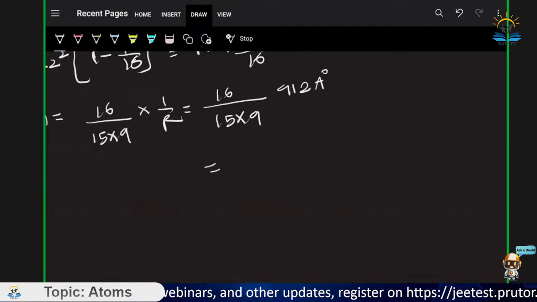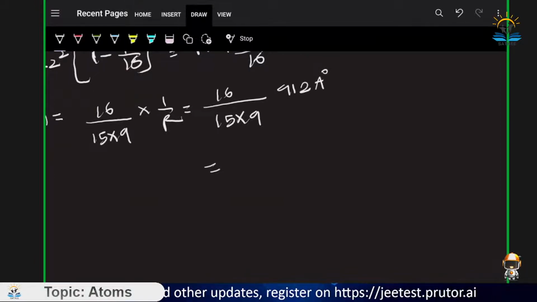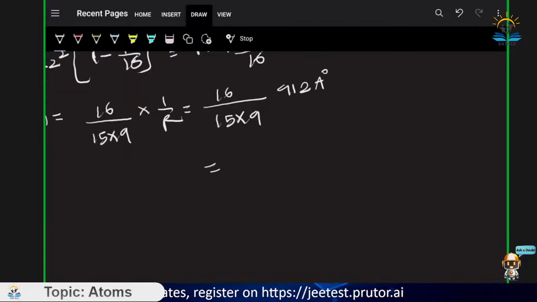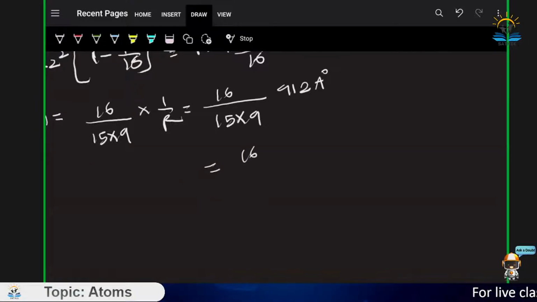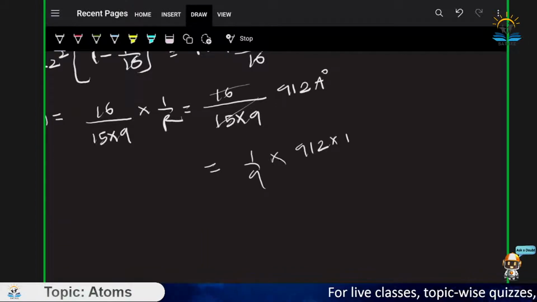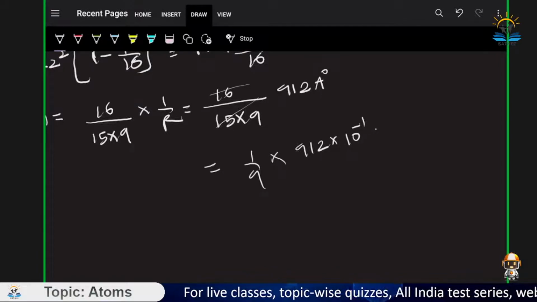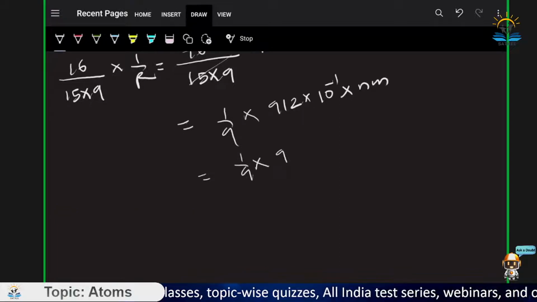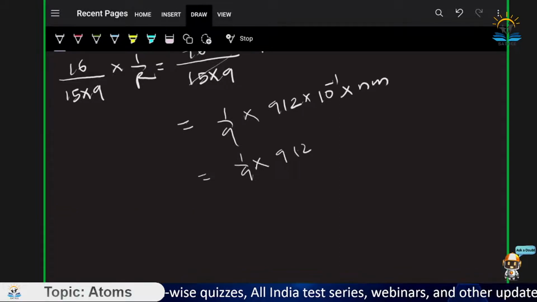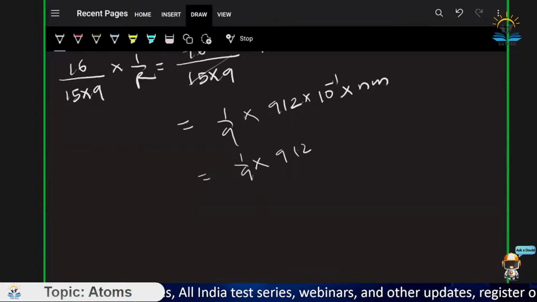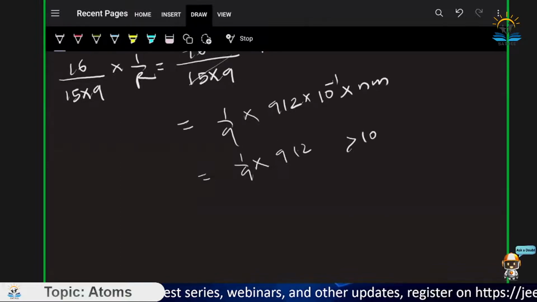Cutting the 16 and 15, it is 1 by 9 into 912 into 10 raised to minus 1 nanometer. 912 by 9 will be about 10 nanometer.